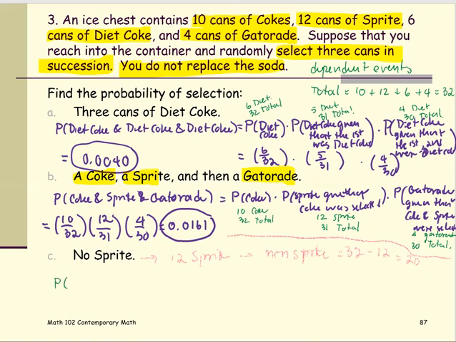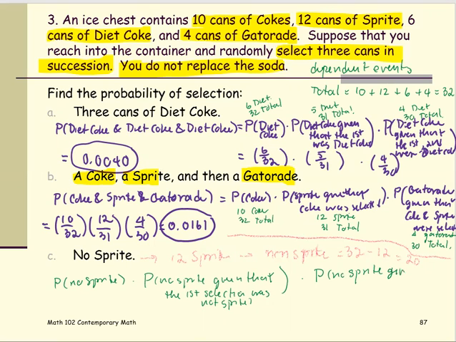So the probability of no Sprite for the first one times the probability of no Sprite, given that the first selection was not Sprite, and multiply by the probability of no Sprite again, given that the first and the second selections, or the first and the second cans, were not Sprite.